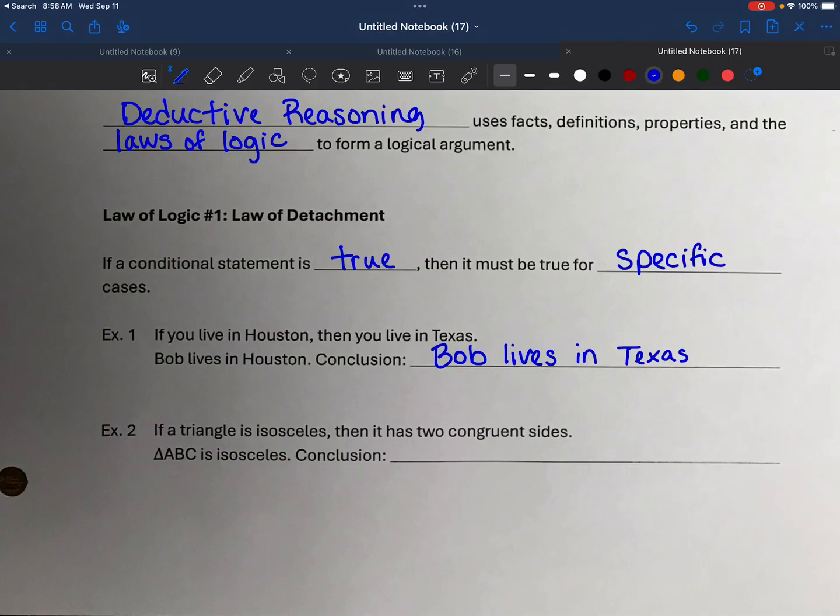Okay, example 2 tells us if a triangle is isosceles, does anyone remember what isosceles means? Two congruent. Yeah, which it tells you in the following part of that sentence, right? Then it has two congruent sides, okay? So if triangle ABC is isosceles, what is our conclusion?